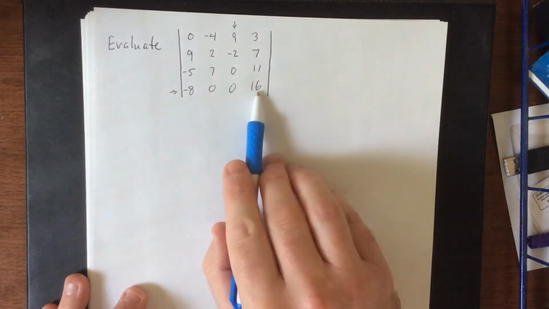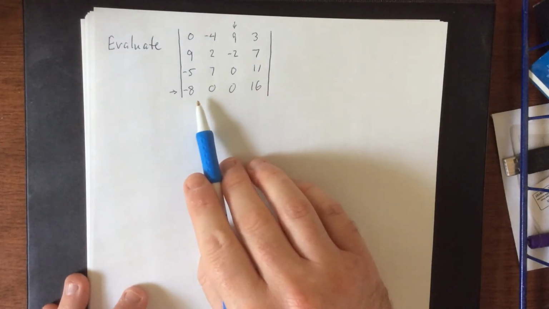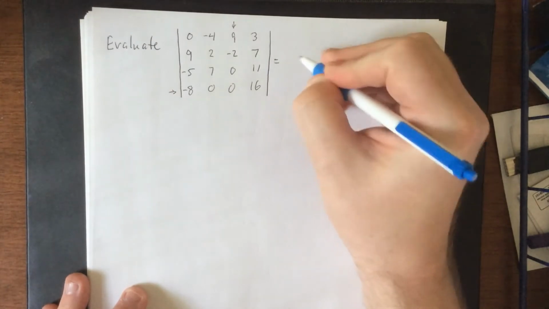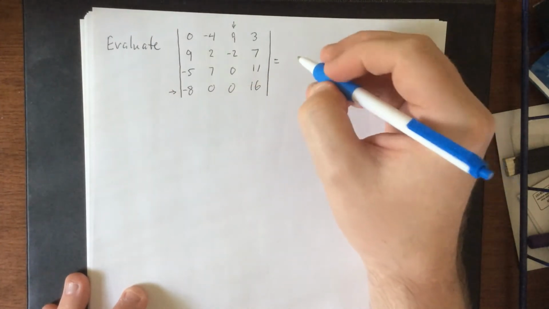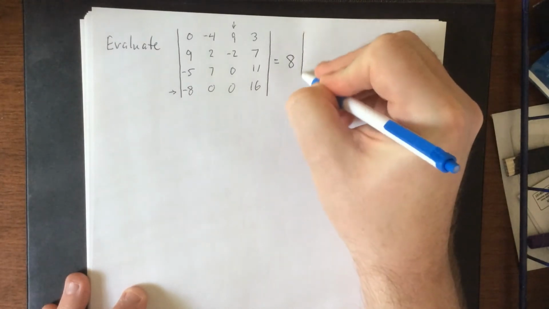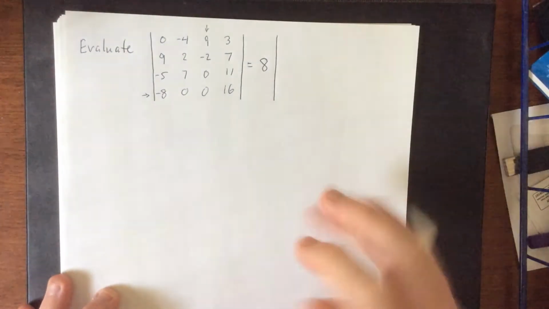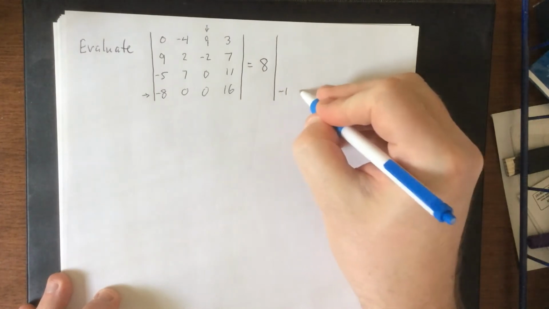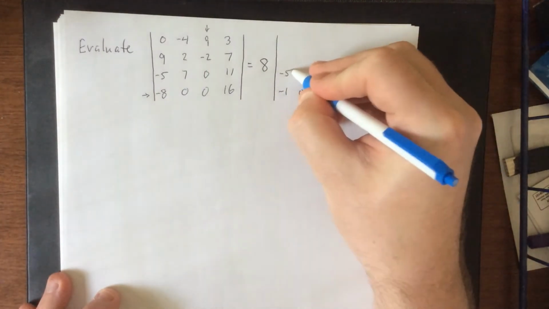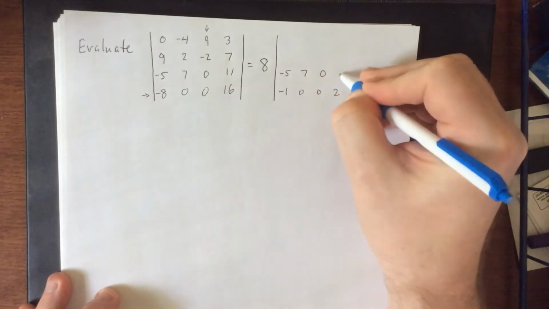The 8, 0, 0, and 16, we could pull out a common factor of 8 from that row. Or I guess we could do -8 as well. It's not going to make that big a difference. So we'll pull out a +8 from the fourth row and have that fourth row become -1, 0, 0, 2. Everything else will stay exactly the same.